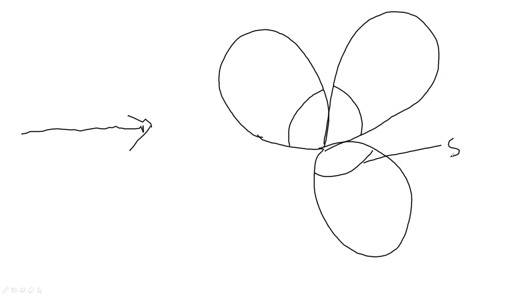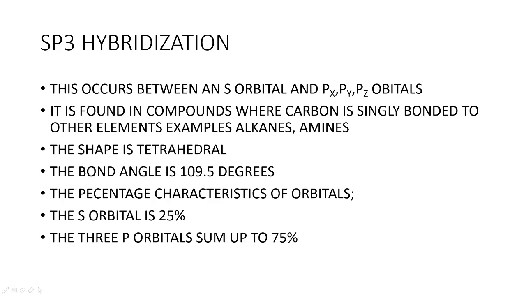Now let's go further. We're going to talk about sp3 hybridization. The sp3 hybridization occurs between an s orbital and the px, py, and pz orbitals. It is found in compounds where carbon is singly bonded to other elements. Examples: alkanes and amines. The shape is tetrahedral. The bond angle is 109.5 degrees.